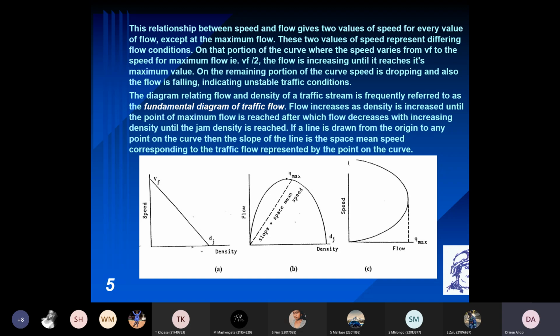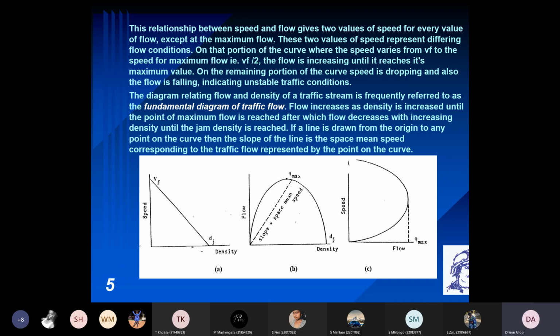And you can see again with this graph, where does Q max occur? If I project on my speed line, I can see that my maximum flow rate occurs at half my free speed. That is Vf over 2, half the maximum speed. That is where I achieve my maximum flow rate, Q max.